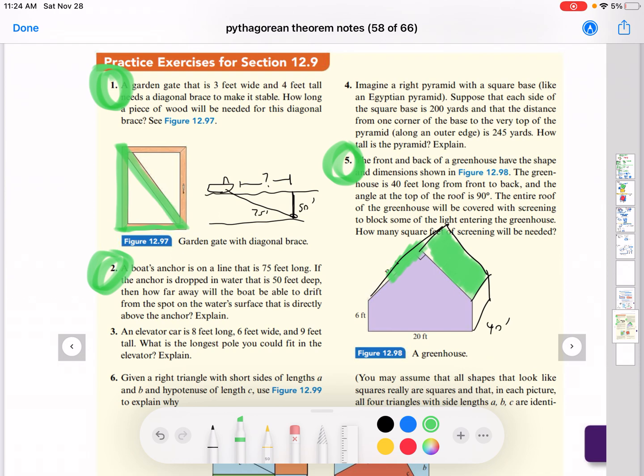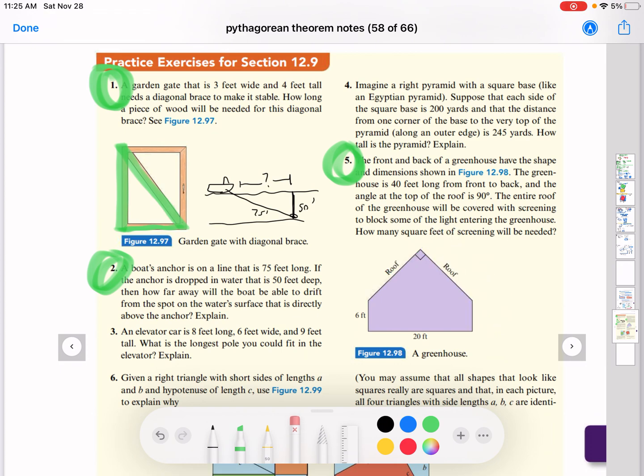Because once you find the area of the roof, you can find the square footage you need of this screen. Well, this side of the roof is a rectangle, and this side of the roof over here is a rectangle. And the area of a rectangle is just length times width. Well, we already know the width of this roof is 40 feet, so we really just need to find this dimension. And to do that, we got to use the Pythagorean theorem.